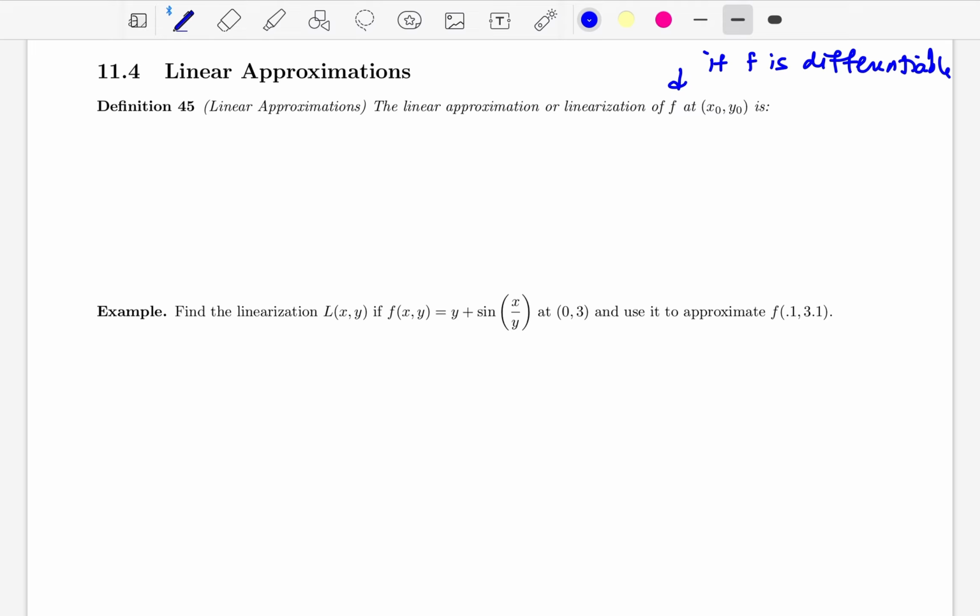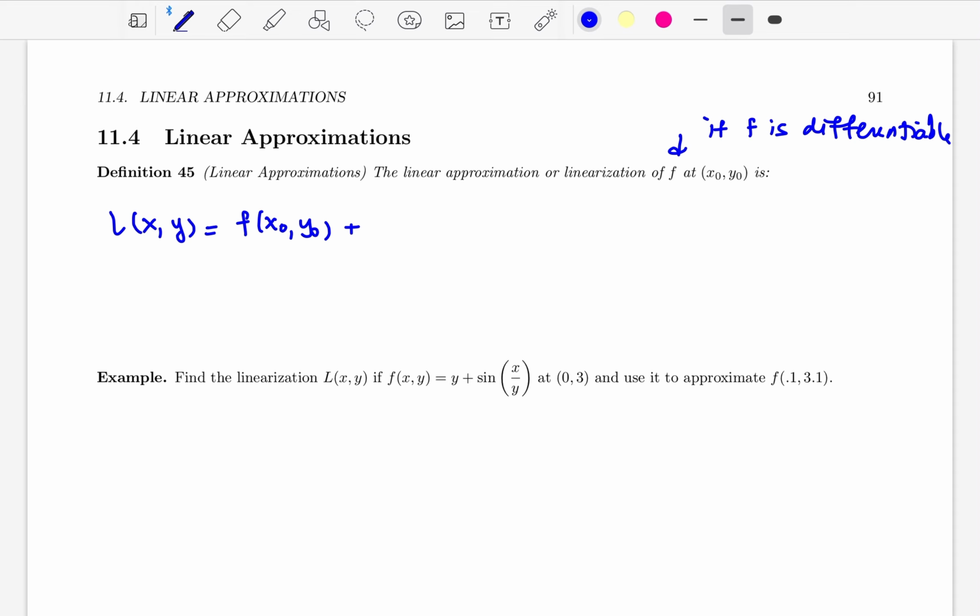Then the linearization L(x, y) is equal to the partial with respect to x at (x naught, y naught) times x minus x naught, plus the partial with respect to y at (x naught, y naught) times y minus y naught.